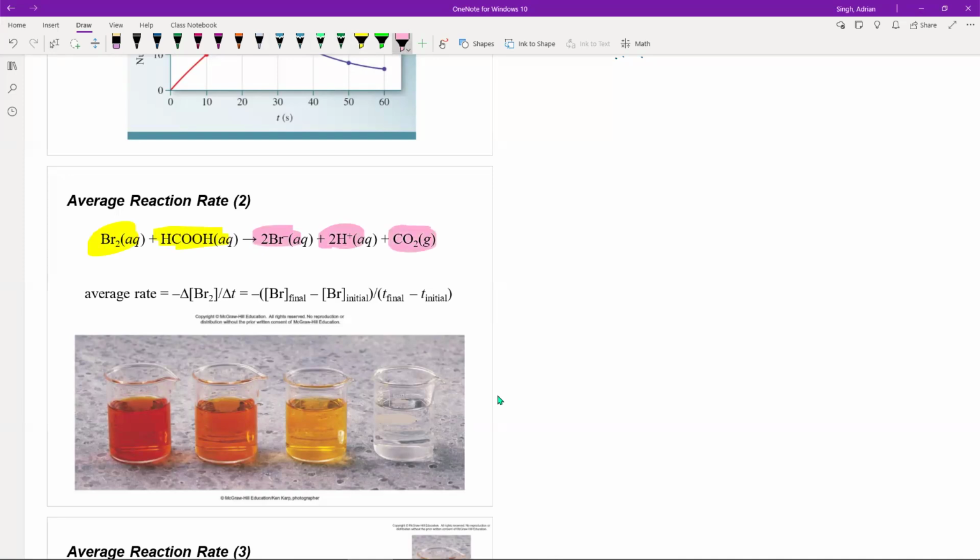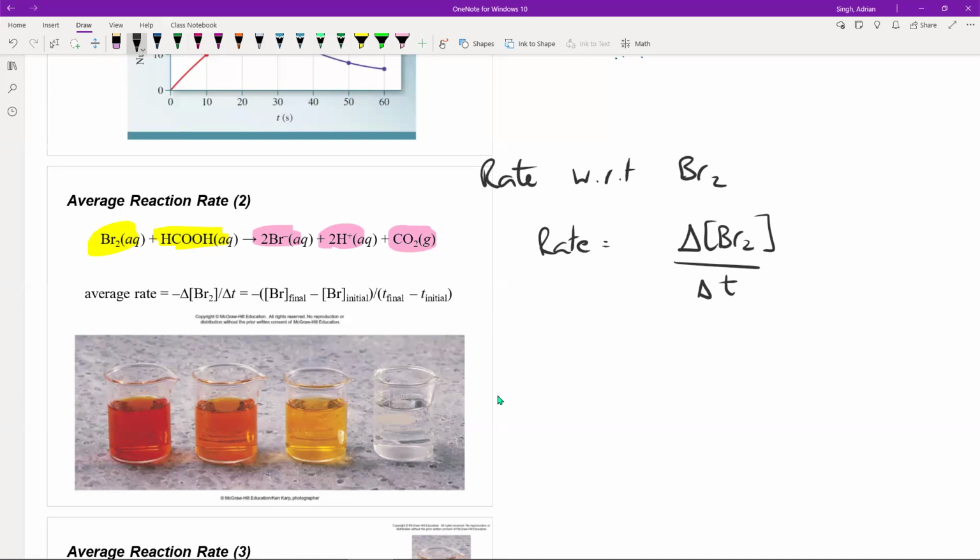We can write the average rate equation for this with respect to one of the reactants, bromine. The rate is equal to the change in the concentration of bromine, Br2, over the change in time, delta t. And because bromine is a reactant, we need to have that negative sign in front.